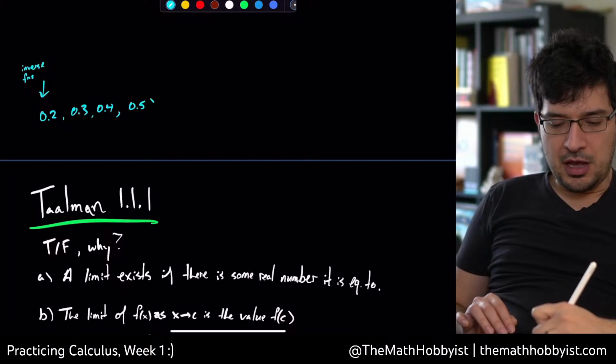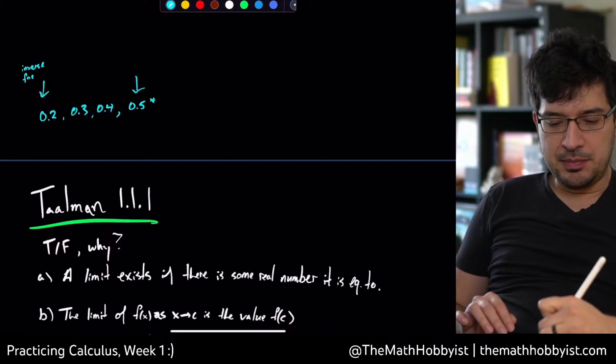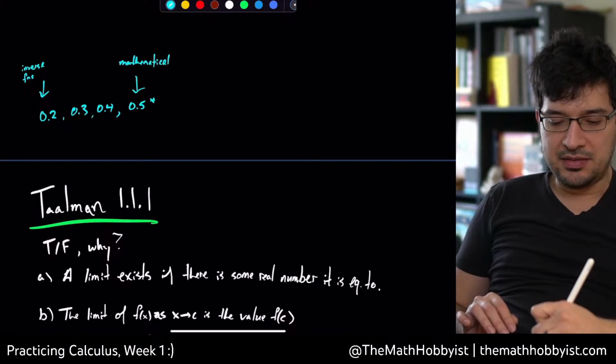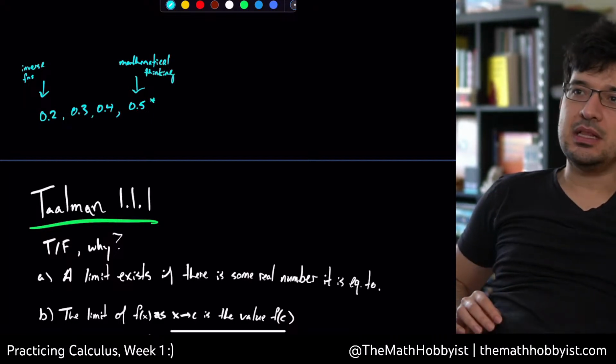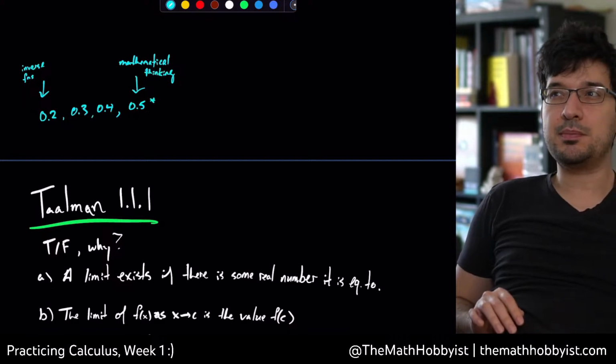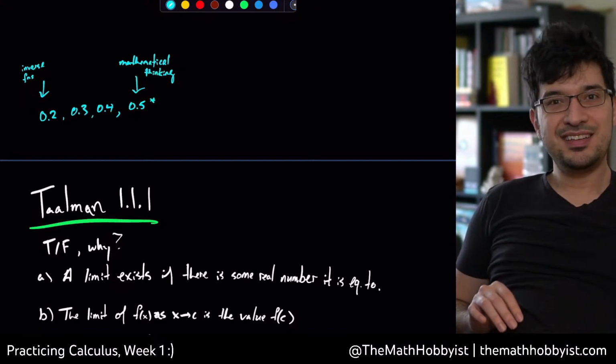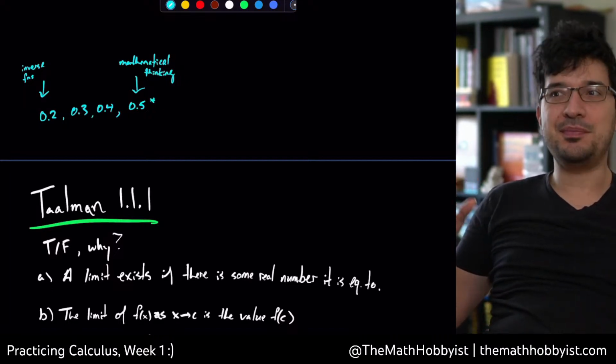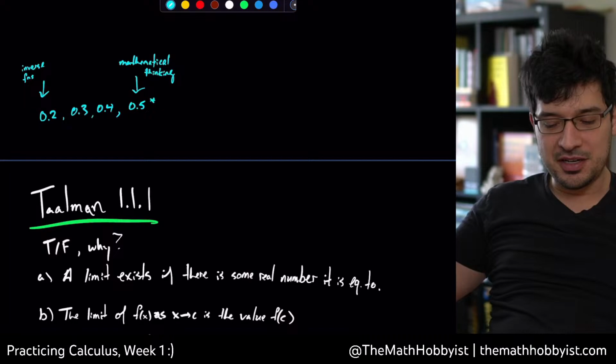I don't remember what the other ones are, but I do remember that 0.5 is quote-unquote mathematical thinking, which is nice. So this is, I believe, like intro to proofs. There's a whole section in this calculus book that's intro to proofs and mathematical thinking and mathematical arguments.